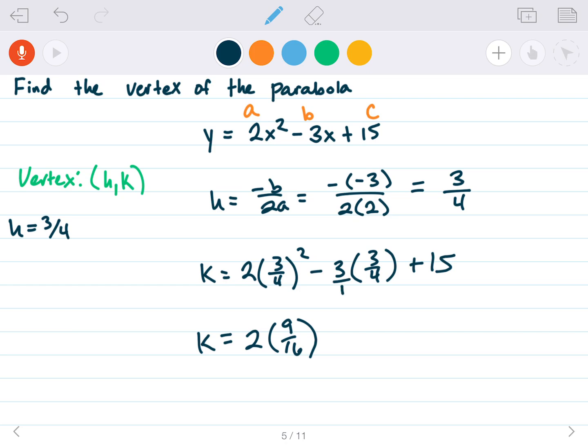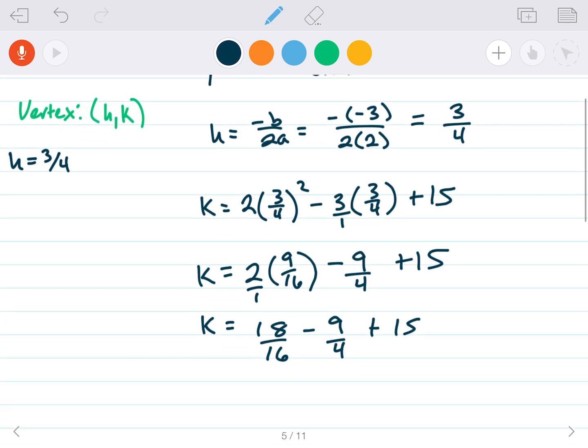And minus 3 times 3 over 4 is minus 9 over 4, multiplying straight across. And here, multiplying straight across, 2 times 9 over 16 is 18 over 16. So I get 18 over 16 minus 9 over 4 plus 15, and I'm just going to punch this in the calculator.